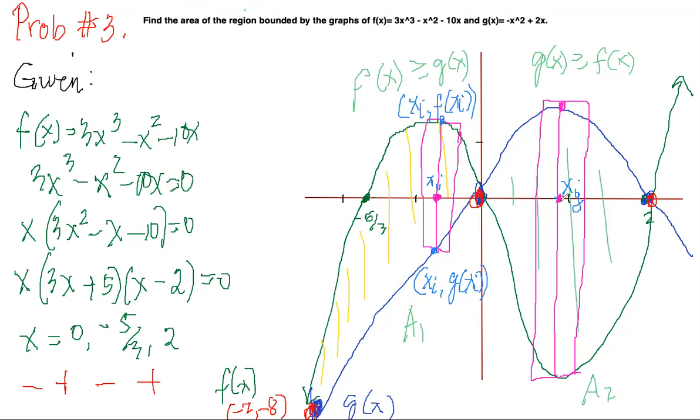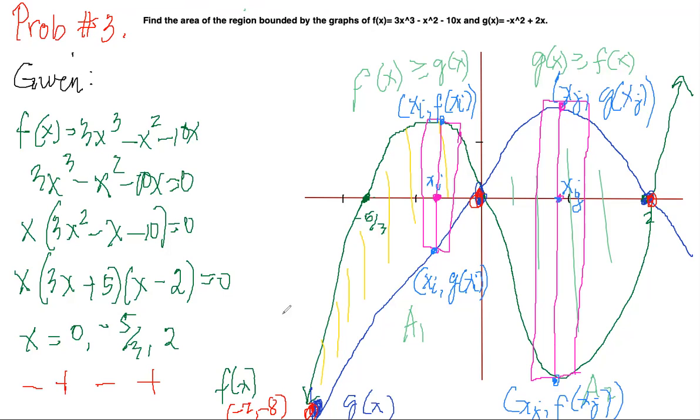And if this is our point x sub j, the green one is f, so this is f of x sub j, and this one is x sub j, and the blue one is g of x sub j. Okay, so those are the points.